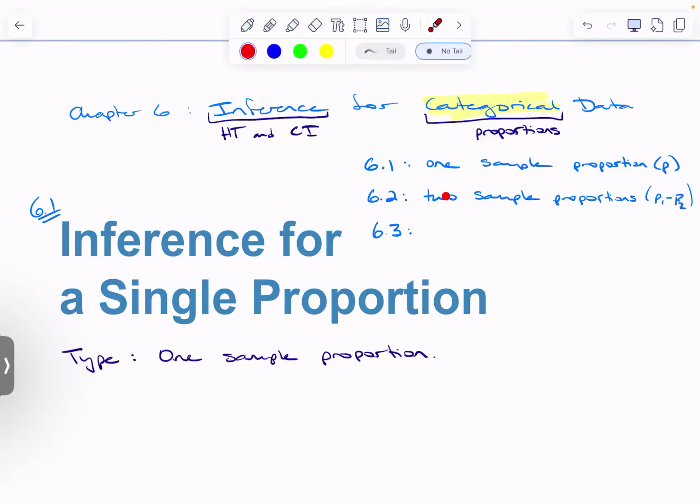See a pattern yet? 1, 2, 3. It'll actually be 3 or more, so it just takes it away, right? 3 plus sample proportions: p1, p2, p3, etc.